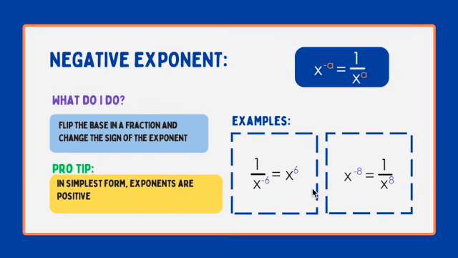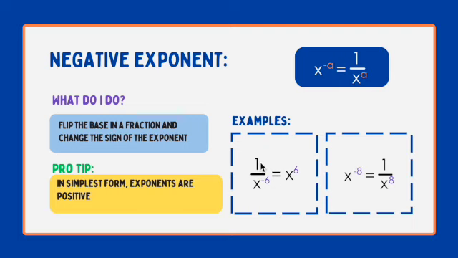The next one is the negative exponent. In this, we flip the base in a fraction and change the sign of the exponent. A negative exponent says that when you have an exponent that is negative, we flip and take the reciprocal, so x becomes 1 over x, and that changes the sign from negative to positive.